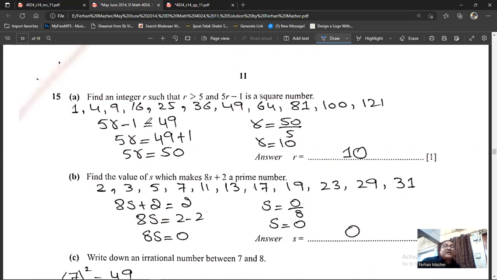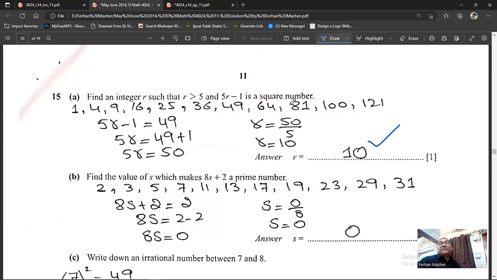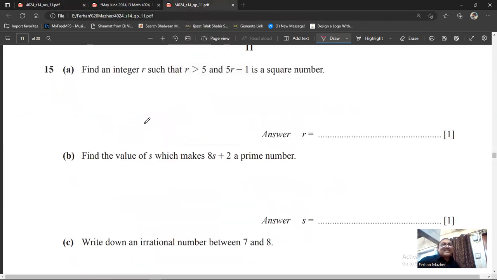So let 5r minus 1 equal 49. So 5r will be equal to 49 plus 1. So 5r equals 50. So r will be equal to 50 divided by 5, and r will be equal to 10. So the r value is 10. It's basically a hit and trial method, but by chance, I hit the right thing at the very first try.